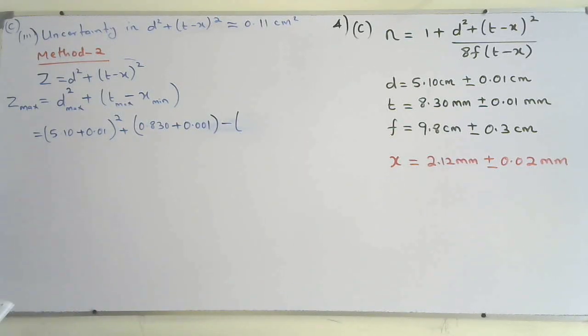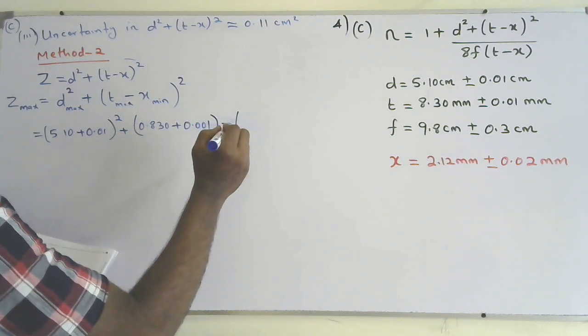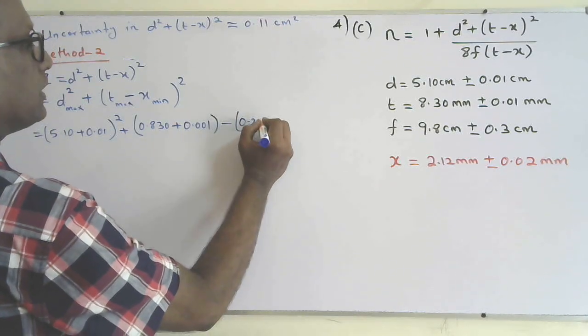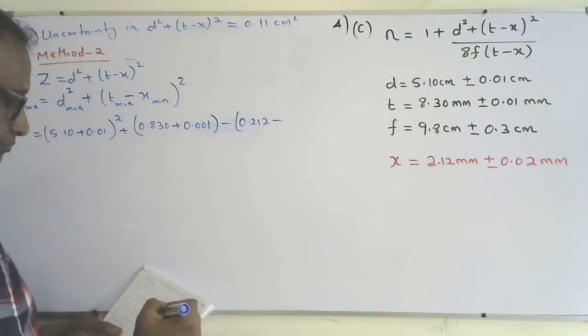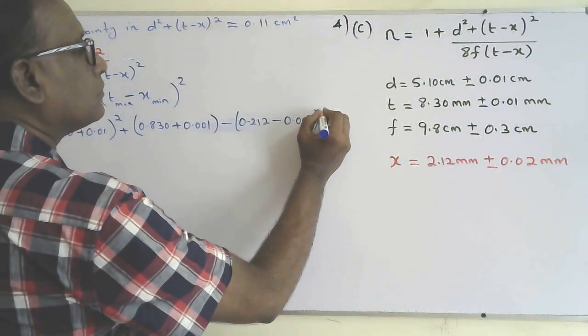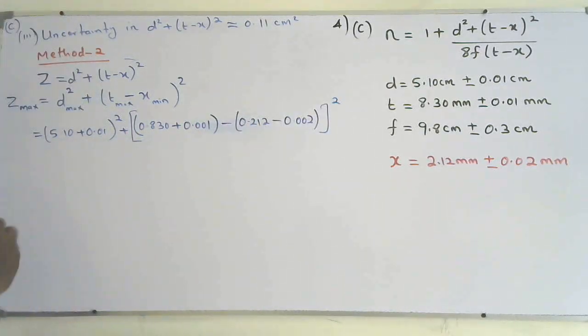X minimum will be 0.212 minus 0.002, all in squared. So you will get a value of 26.50.